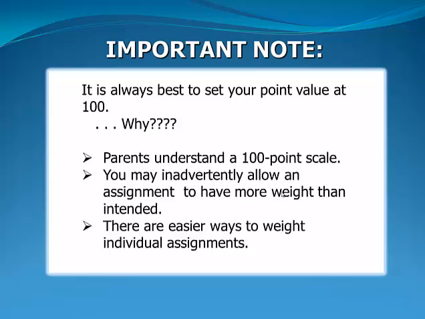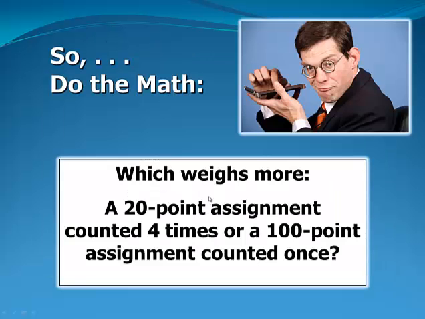Also, you may inadvertently allow an assignment to have more weight than you intended, because a 20-point assignment counts 1/5 of a 100-point assignment. So by changing the point value, you've changed the worth of that assignment in comparison to a 100-point assignment. And there are some easier ways to weight individual assignments than using the point value.